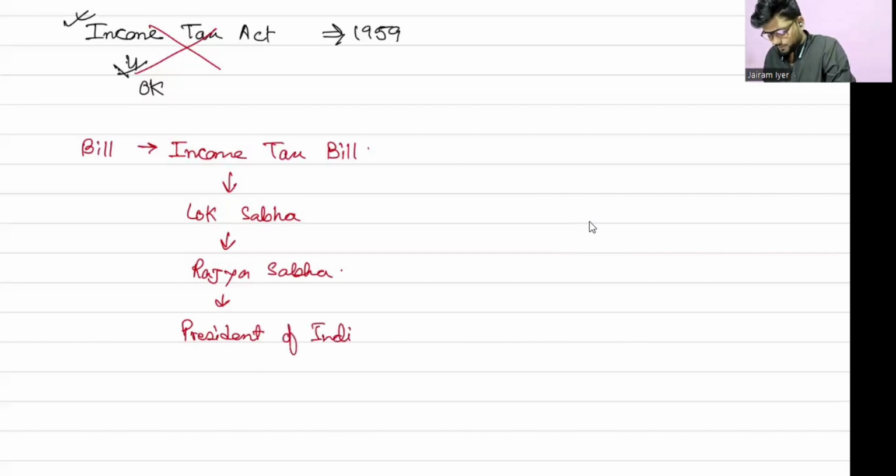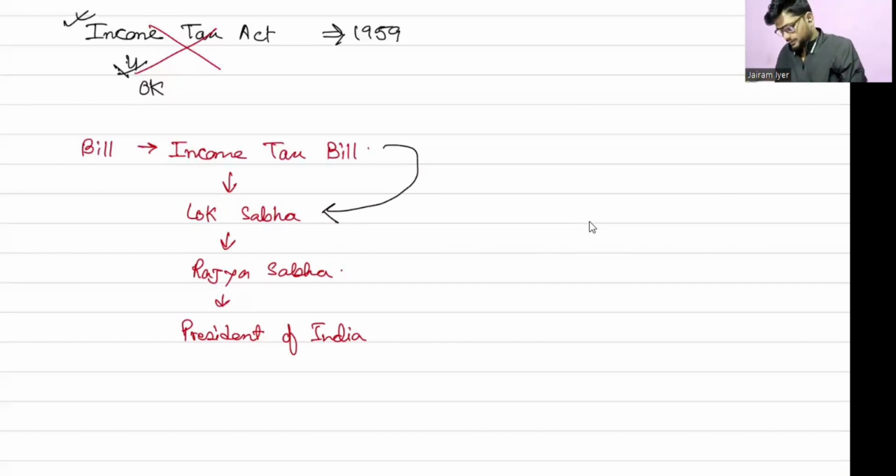We all know about the President of India. Whenever some act or change is introduced for the first time, it is always presented in the form of a bill. This bill is first moved to the Lok Sabha to be passed, that everyone should accept it.